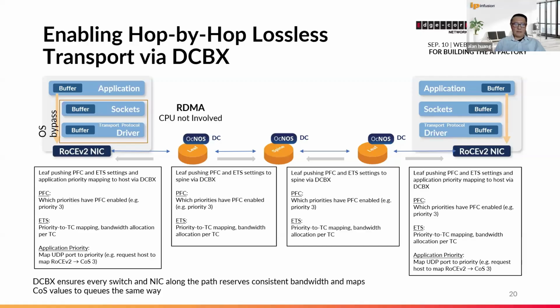You have noticed that these switches are put in non-willing mode, meaning that they are enforcing their local config on neighboring nodes such as spine switches and server NICs that are in willing mode to accept the config sent to them. So this way, every switch and the NIC along the path can reserve consistent bandwidth, activate lossless queues, and map class of service values to queues the same way.